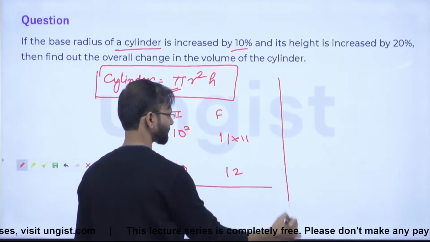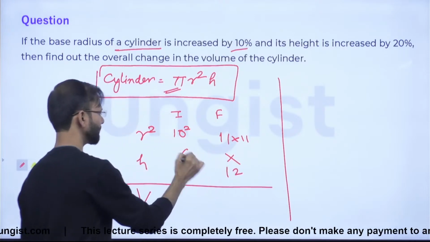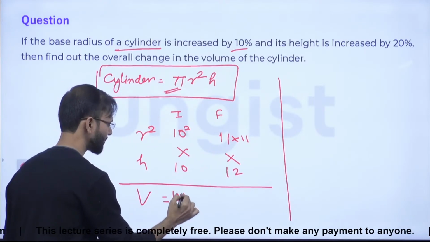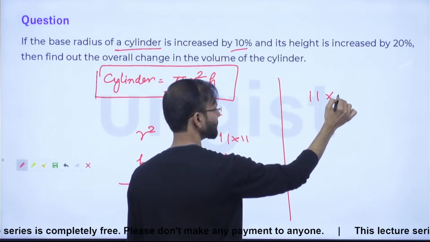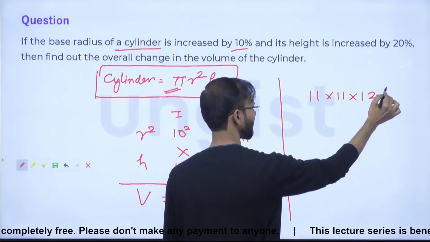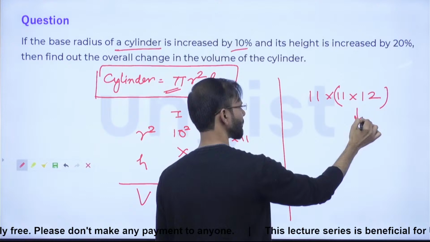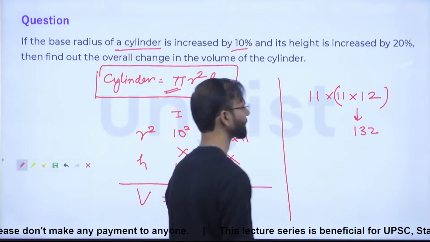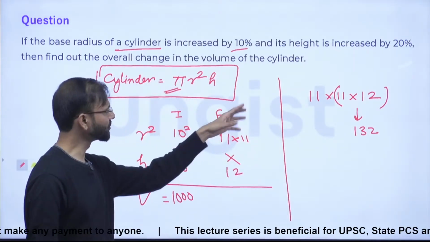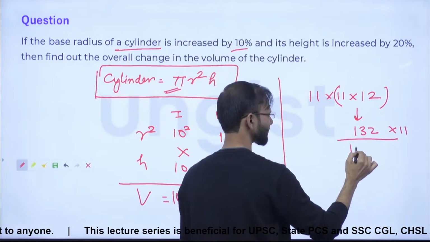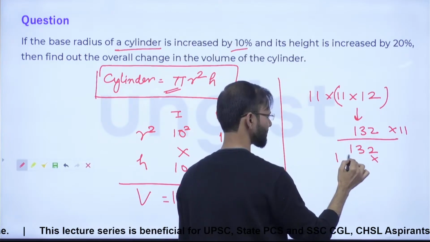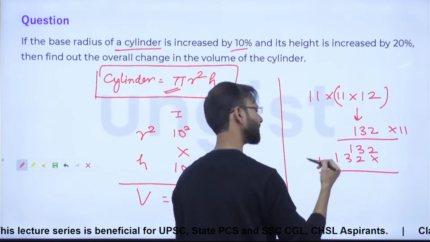Initial volume will be 1000 and final volume will be 11 into 11 into 12, right? 11 into 12 will become 132, and 132 into 11, multiplying with 11 is an easier task because you just have to write the numbers like this and add them.